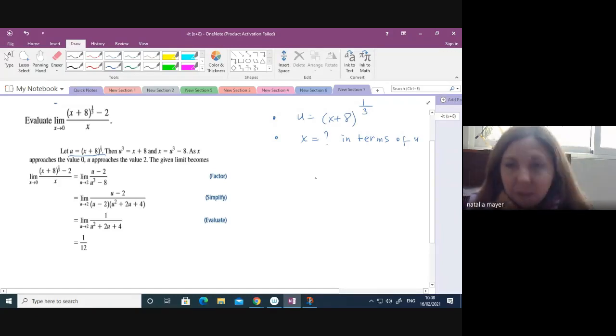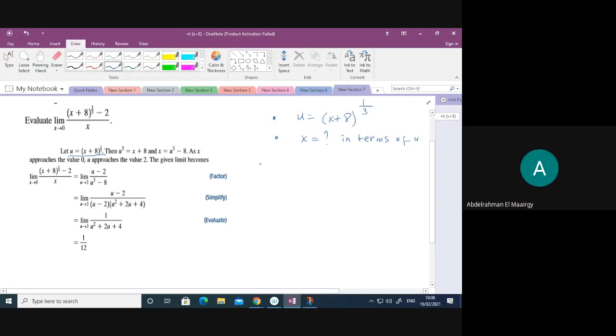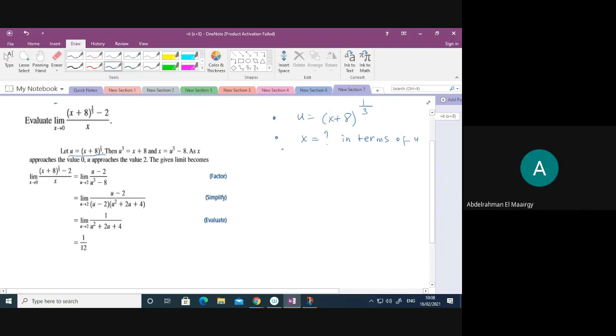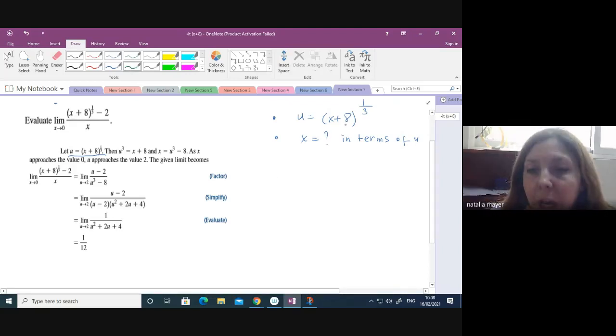So first, can I say what I think we should do first? I'm ready to take your suggestions. Yes, please. Okay, so first we're going to raise it to the power of 3, u and x plus 8. Raise it to the power of 3, because I want to isolate x, right? In order to express it, I want to isolate it. How to isolate it? By raising both parts of the equation to the power of 3.